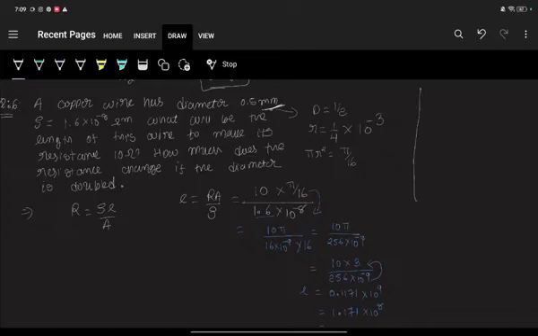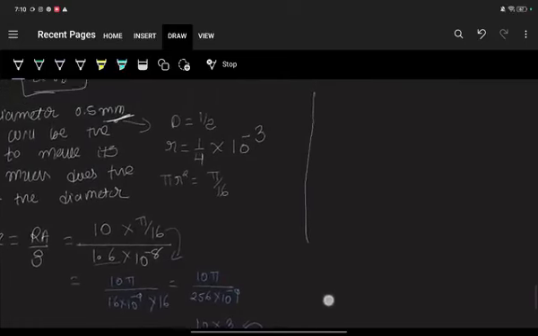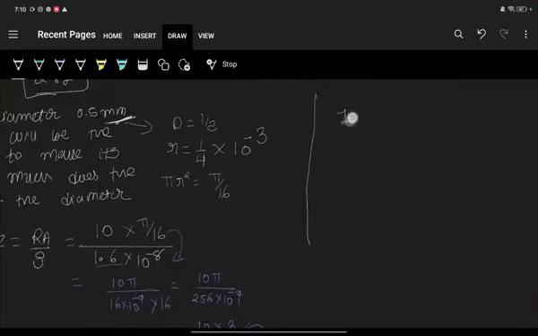Do you know how to convert millimeter into meter? 1 meter is equal to 1000 millimeter. If we want to find the millimeter, then just take this 1000 to the denominator. So we get 1 millimeter is equal to 1 by 1000 meter.